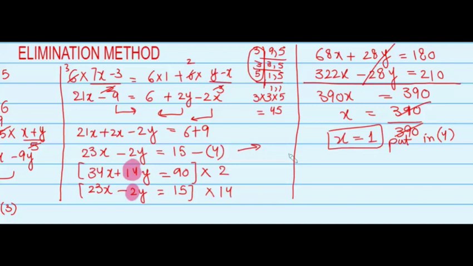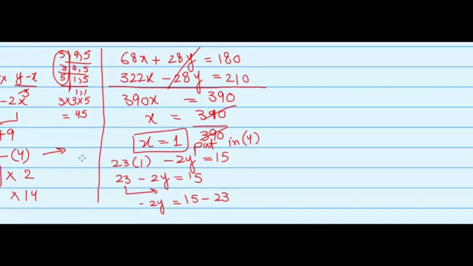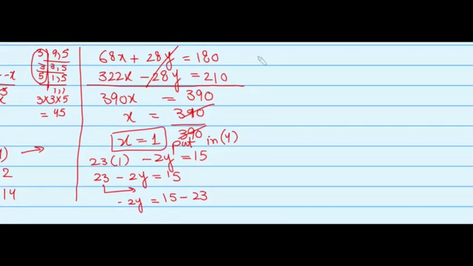So 23x means 23 times 1 minus 2y is equal to 15, right? 23 times 1 is 23, minus 2y is equal to 15. Shifting this 23 to the other side, we get minus 2y equals 15 minus 23, right? So minus 2y is equal to 15 minus 23, which gives you minus 8.